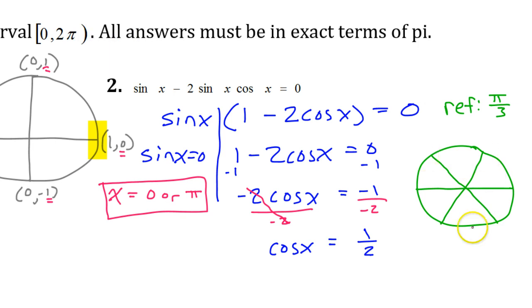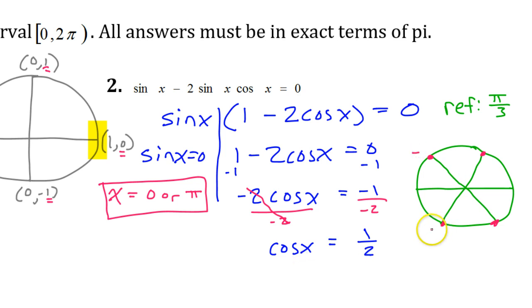There are 4 angles with a reference angle of pi over 3. Here, here, here, and here. If I take the cosine of any one of these angles, I'm going to get some kind of 1/2. 2 of them will be positive, and 2 of them will be negative 1/2. Cosine is an x value on the unit circle.